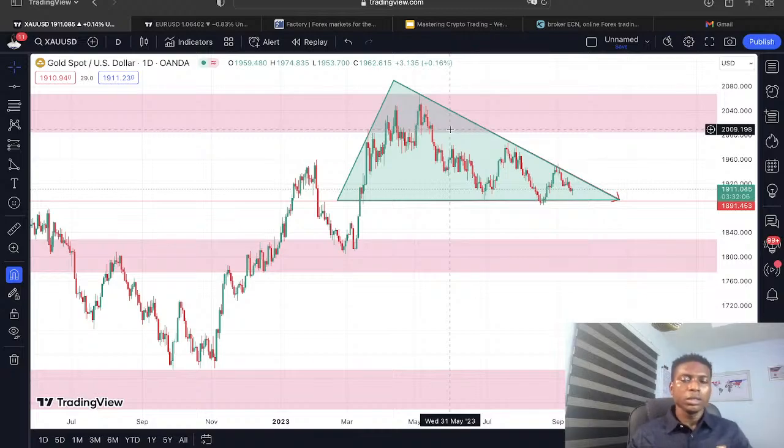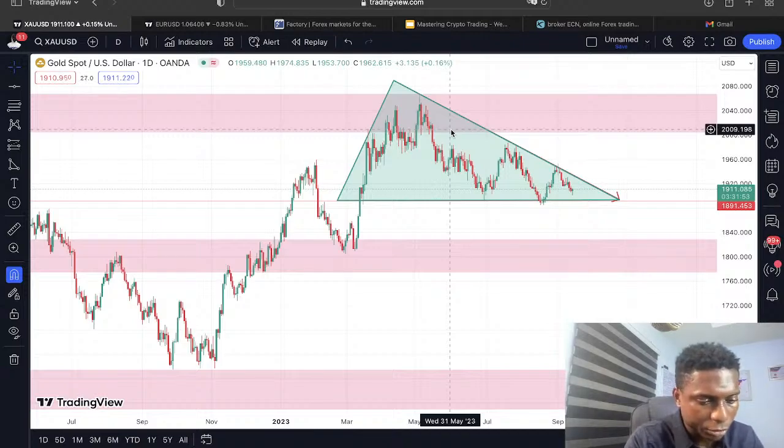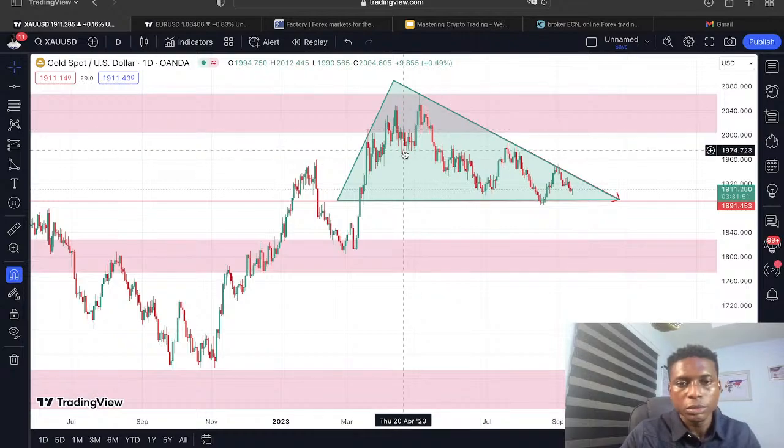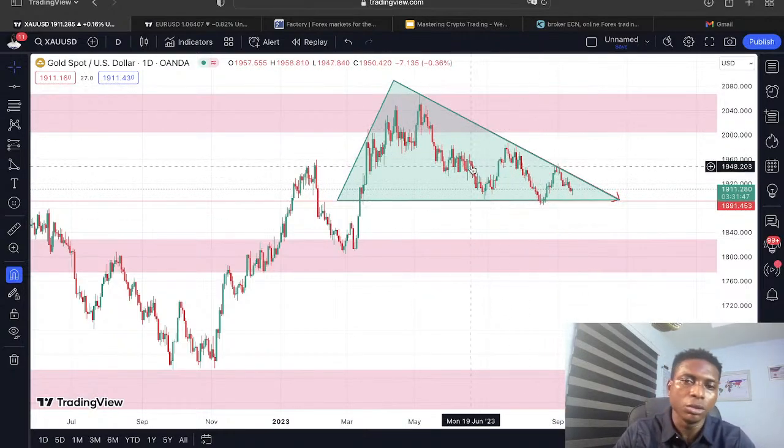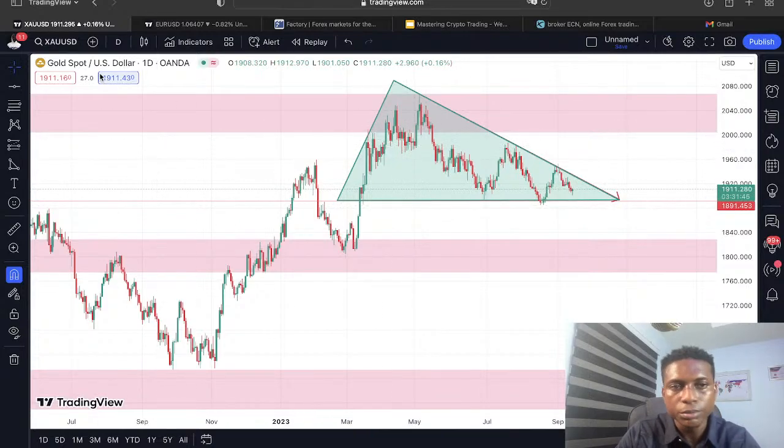We can see a descending triangle on the daily time frame. So on the daily time frame we can see that gold is on a descending triangle.